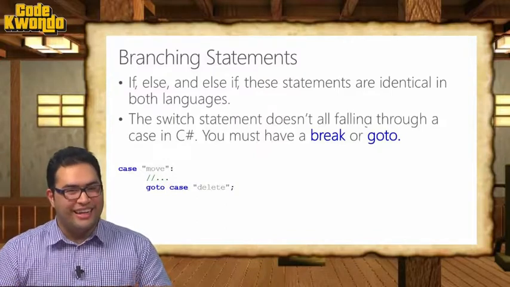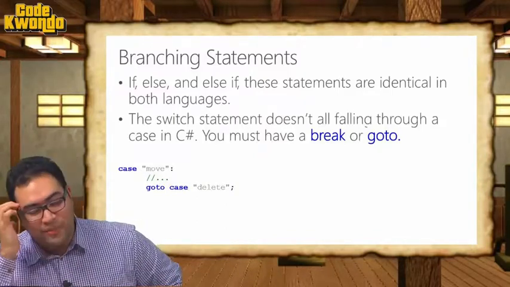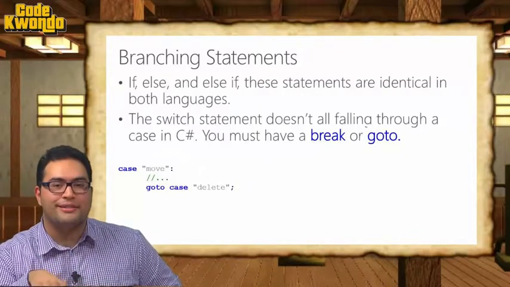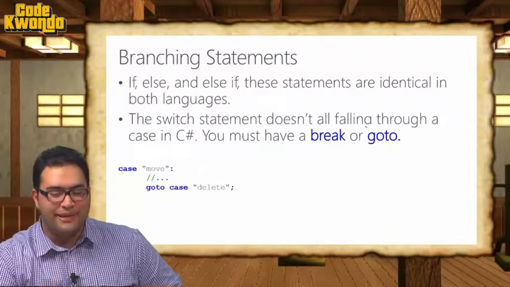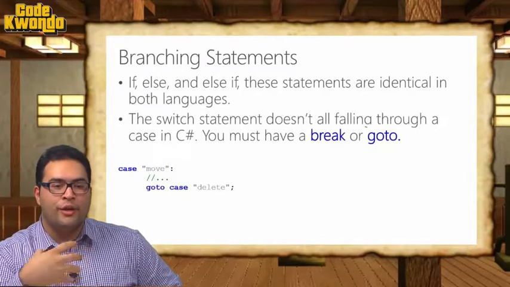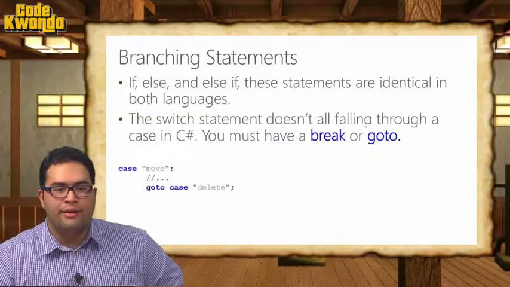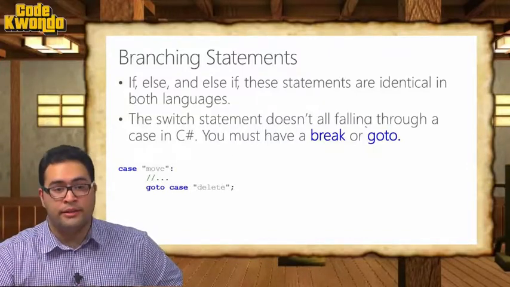I am totally geeking out. Well, we did in C#, and you can only use it to go to another case, so it's not that bad. It's a way to make sure that you don't make a mistake when you forget to put a break at the end of a case, and then it falls through to the next case in the switch statement.